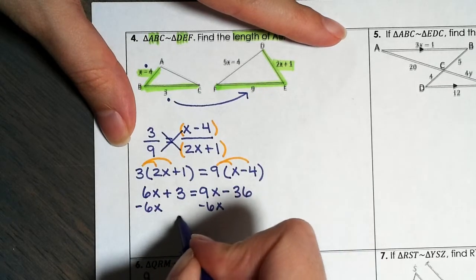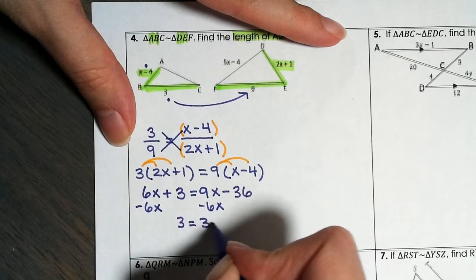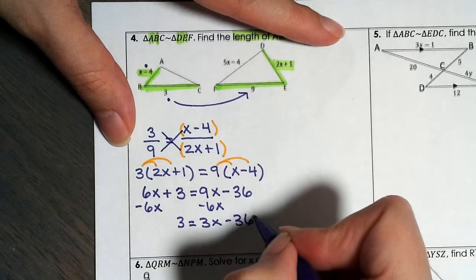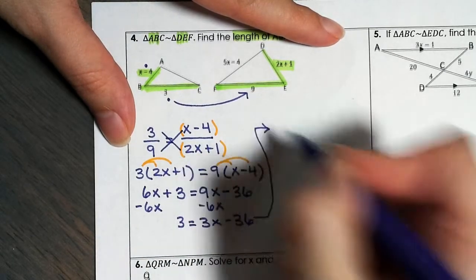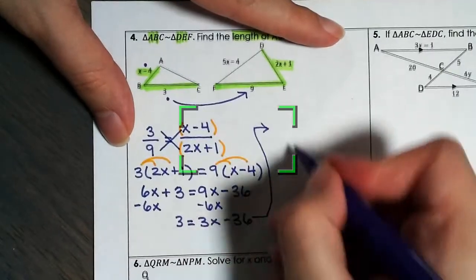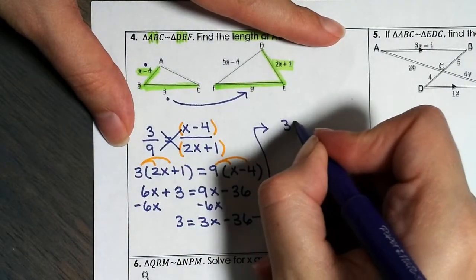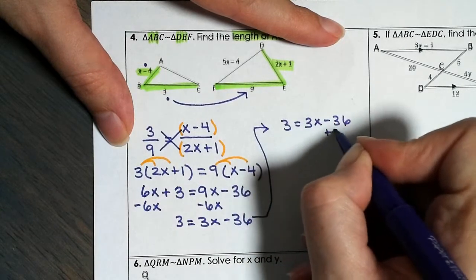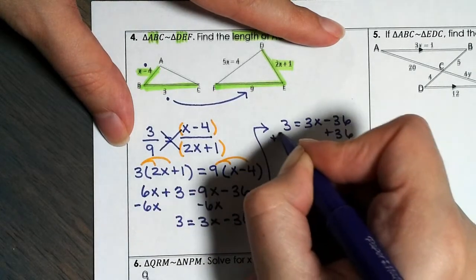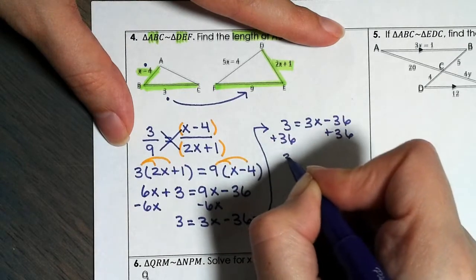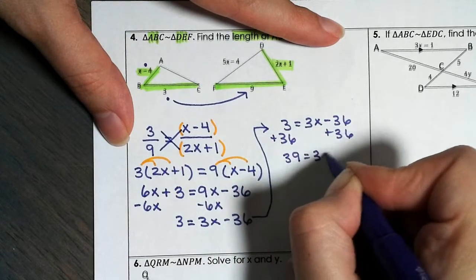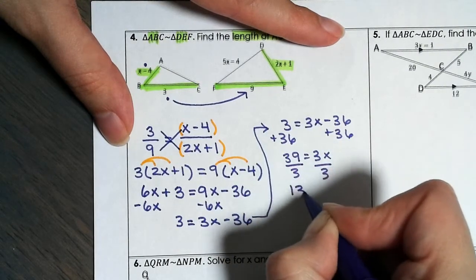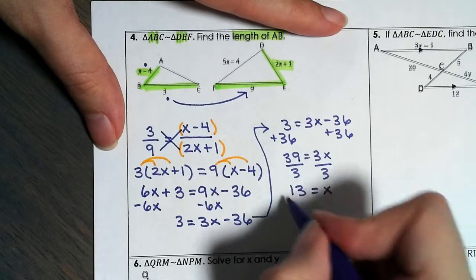So I subtract 6x from each side, because like I said, this is a skill that was taught in algebra. So I'm just going to rewrite this over here. So solving equations is an algebra skill. I'm going to add 36. That's going to give me 39 equals 3x. When I divide by 3, I get x equals 13.